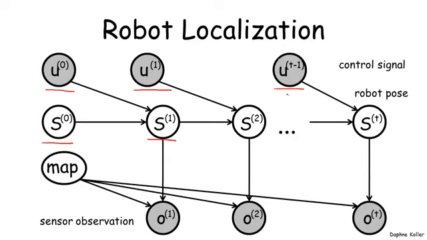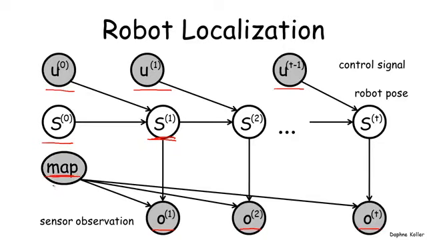And then we have in addition the observation variables, which is what the robot observes at each point in the process, which depends on both its position and, of course, on the map, so that the robot's observations depend on the overall architecture of the space that it's in and the state of the building.